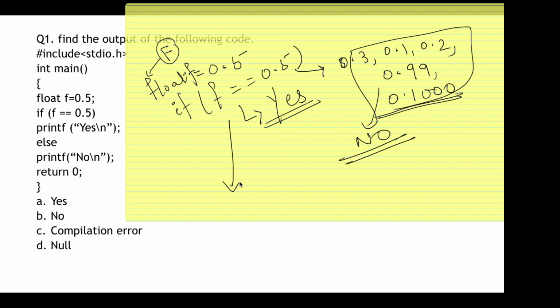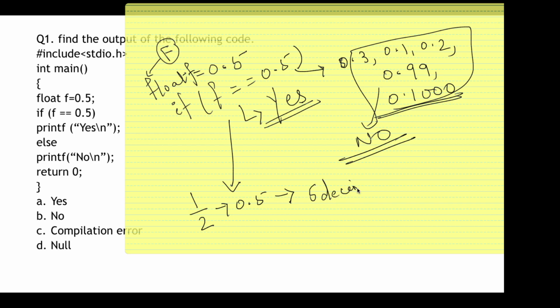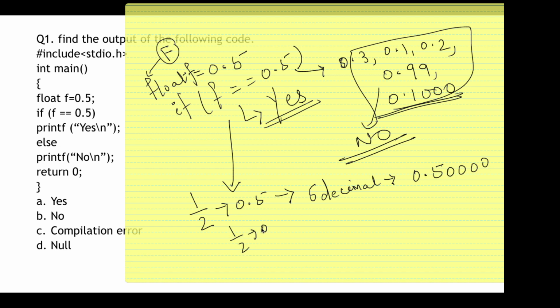Why will this happen? Because if you consider 1 by 2, that is 0.5, in 5 decimal places the value will be 0.50000. If I consider this same half, that is 0.5, in 10 decimal places, then the value will be 0.5000000000.